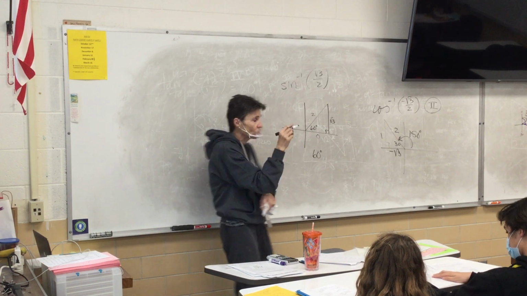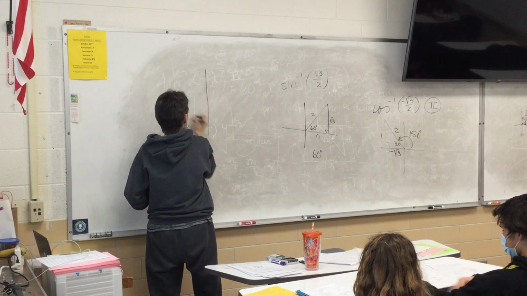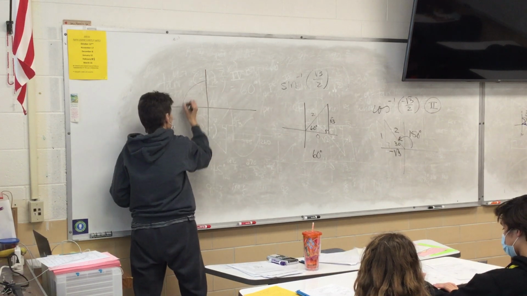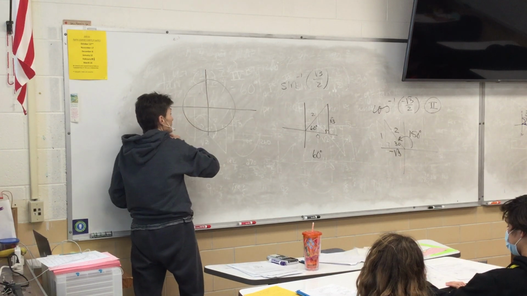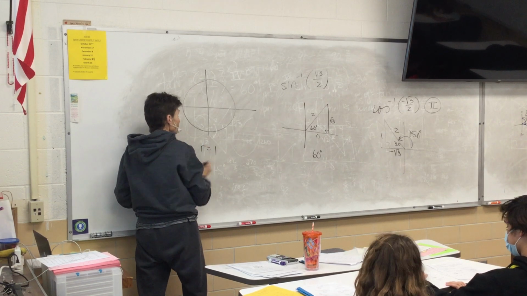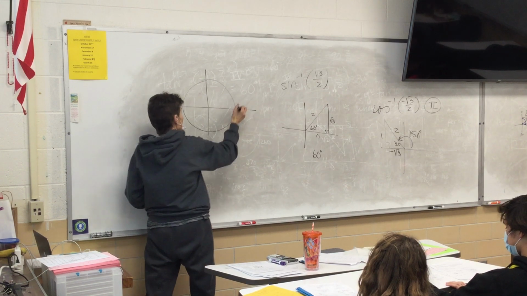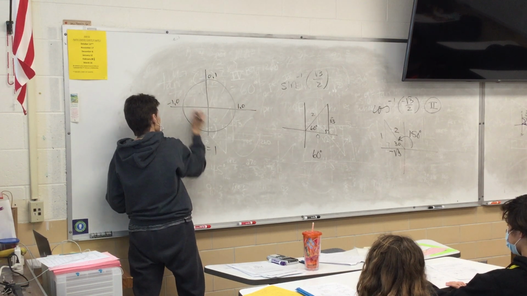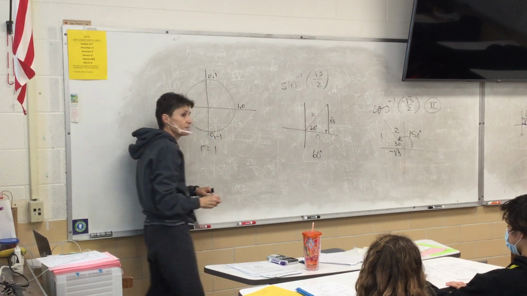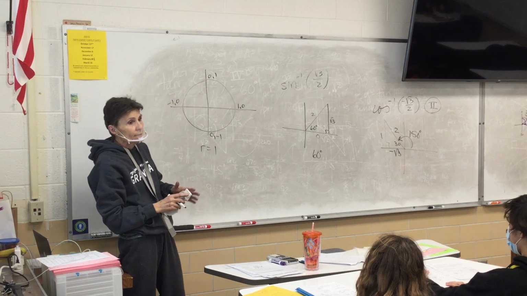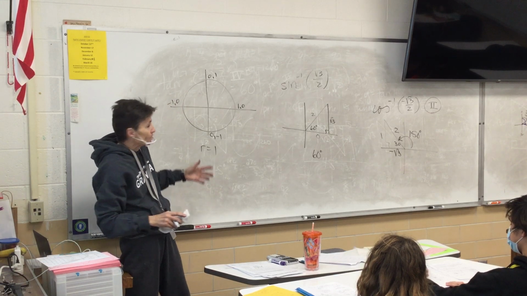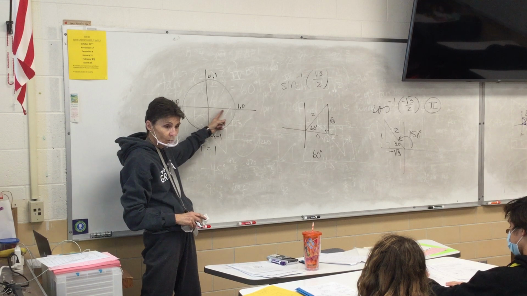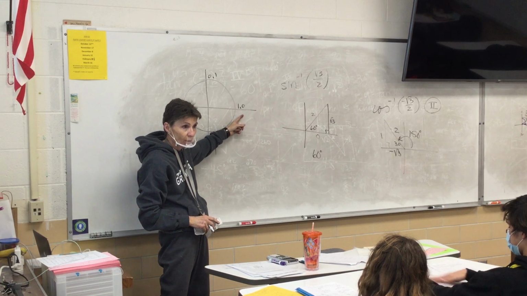Draw a circle. So I'm going to draw my circle that has a radius of 1. So this is 1, 0, this is 0, 1, negative 1, 0, 0, negative 1. Don't you dare be confused. I plotted points. If I start at the origin and go this way 1, I'm at 1, 0.